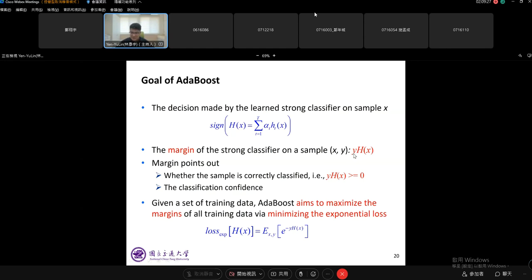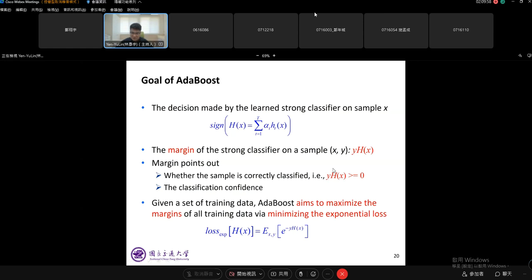For positive training data, the value of y is positive 1. What is the situation if this data point is correctly classified? On the other hand, you can consider the case for negative data. So you will get the conclusion why y h of x is used to indicate if this data point is correctly classified or not.